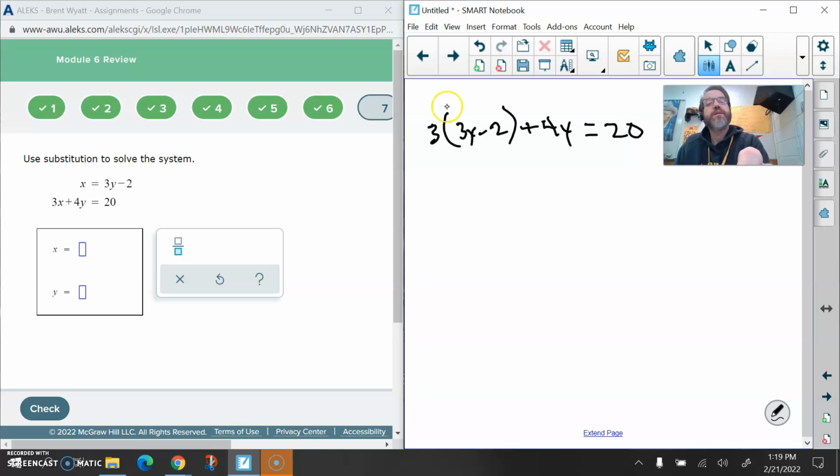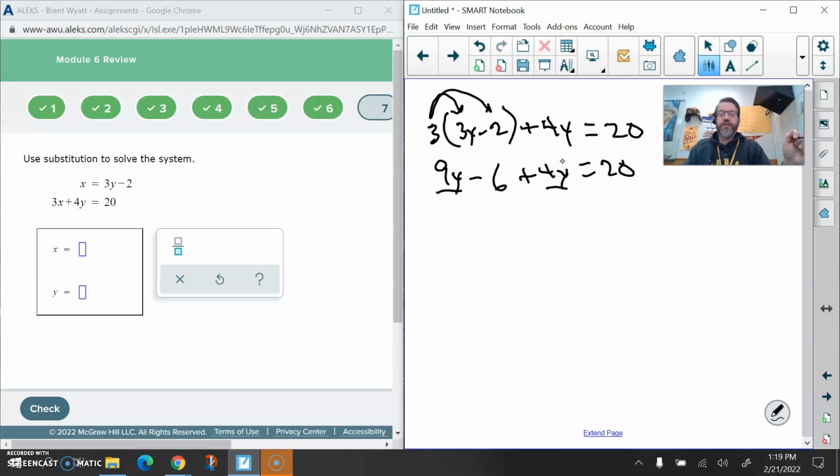Now I use the distributive property. I need to bomb the fort here. 3 times 3y, that's 9y, minus 3 times 2, that's 6, plus 4y equals 20. Now, I can combine my y terms. They are both on the left side of my equation.